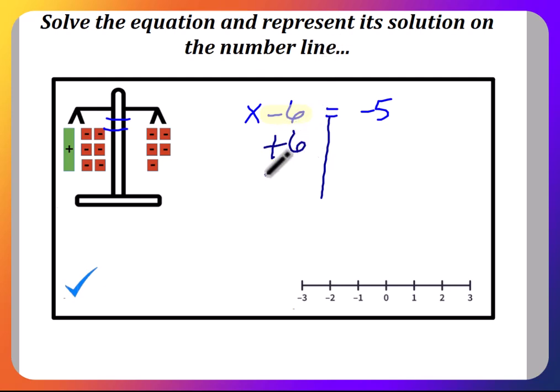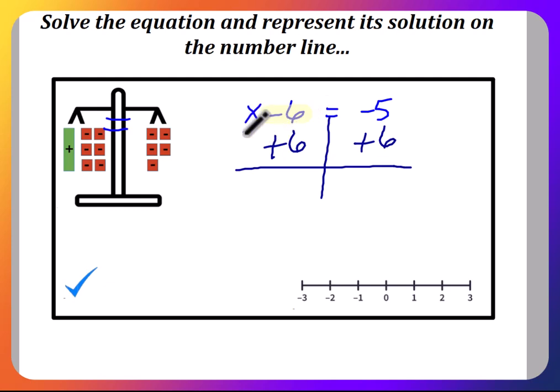What you do to one side of the equation, you have to do the same exact thing. We're going to add 6. And I don't want you just to put a 6. I want you to put the addition symbol in front of it, positive 6. Now we're just going to draw our line and we're going to do our totals. You'll notice that when I add the positive 6, I put it underneath the negative 6.